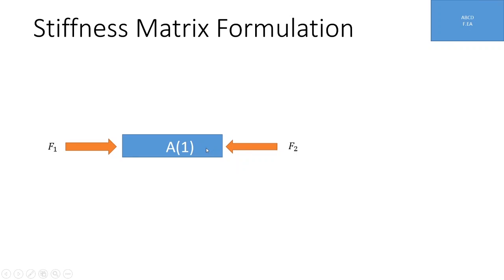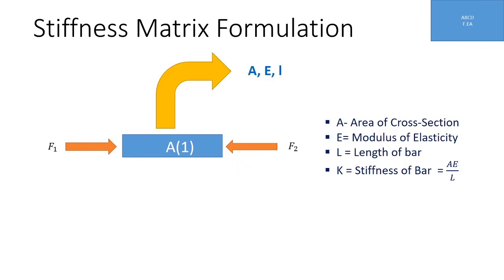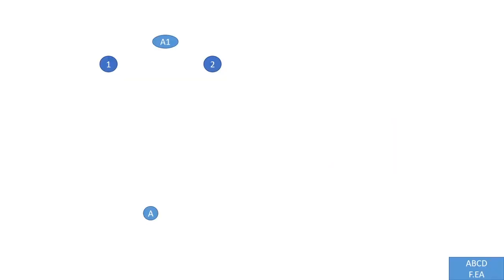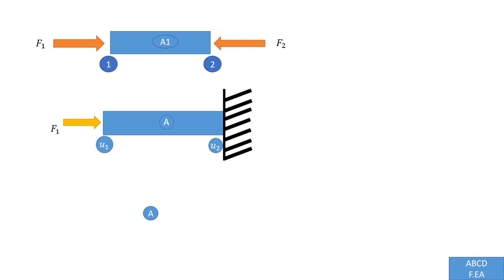But this system is not free, so definitely one force will act and definitely there will be a counter force for the system. So these are the nomenclature, same as the previous one, so this doesn't need much explanation. This is the procedure to solve this type of problem. This is my first element, or you can name it element A.